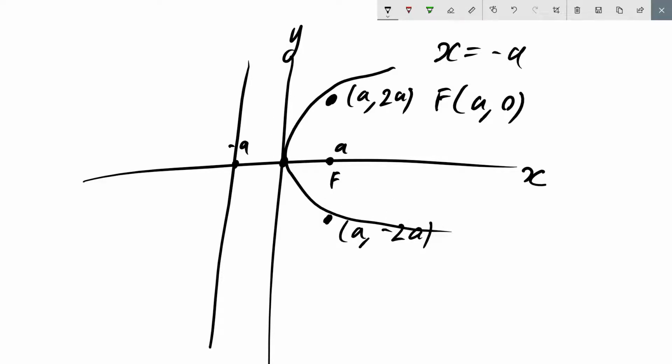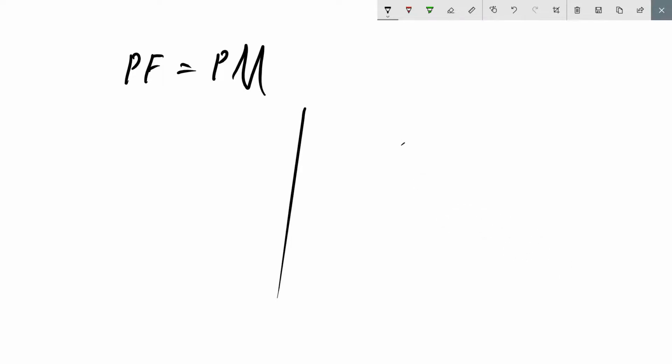So let's do the math to prove it. Referring back to our set of conditions, it's saying that the distance from P to F is going to equal from P to M. And what I mean by that is that when we have the directrix here, if this is point M, there's our point P, and here's our focus, this M will move along the directrix up and down.